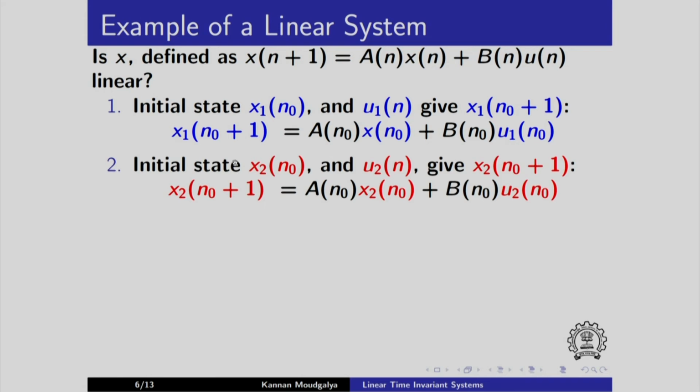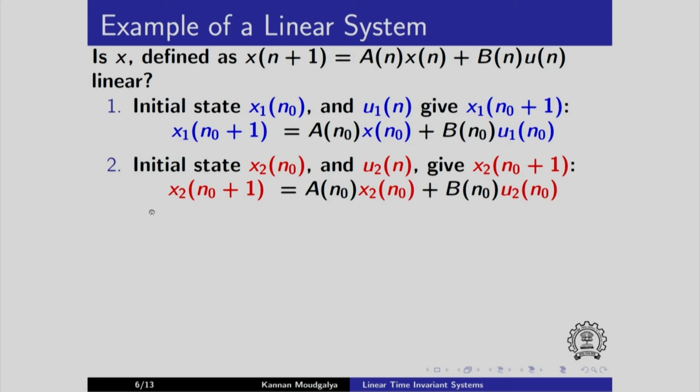Similarly, do the same thing for x2, x2 of n0, u2 of n, for n greater or equal to n0, and these two give rise to x2 of n0 plus 1. In other words, for this first set I calculated the next state, for the second set I calculated the next state. I call these x1 and x2.